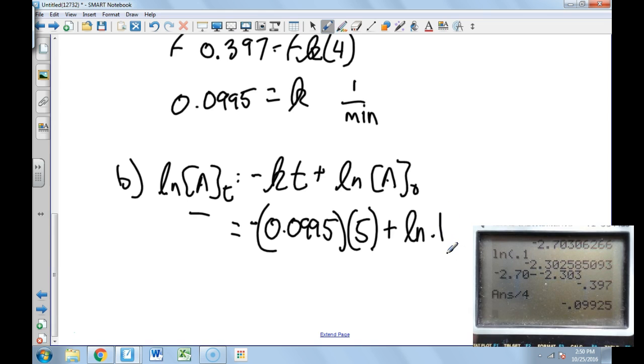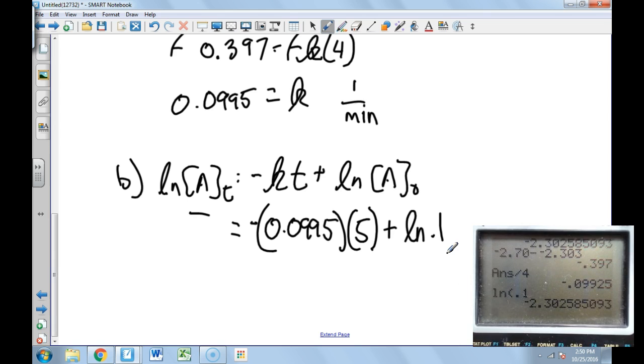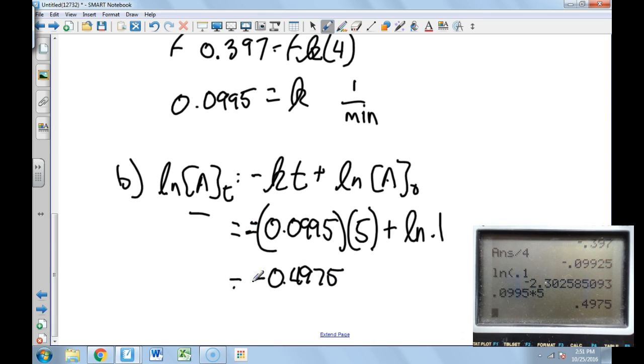So what is the ln of 0.1? So that equals, and then what is 0.0995 times 5? So this is negative 0.4975, because it's negative here, we carry the negative down, plus negative 2.303.